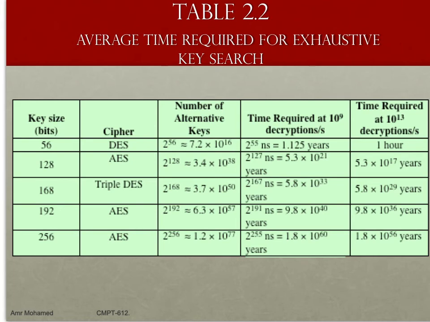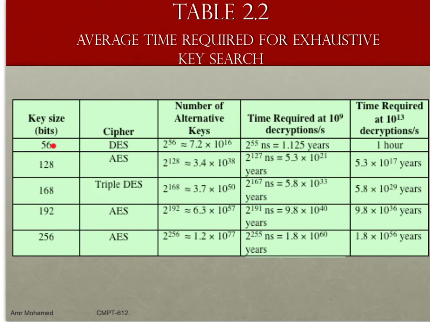So the key is the key size actually, but the factor that we focus on when it comes to AES is actually the complexity of the algorithm itself, which we will talk about in a minute.